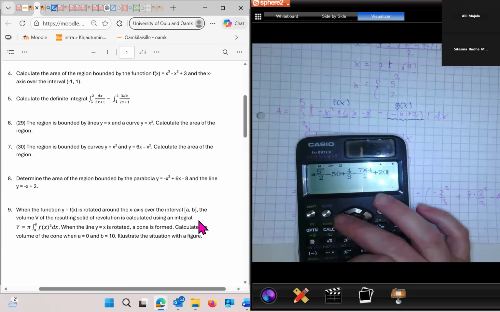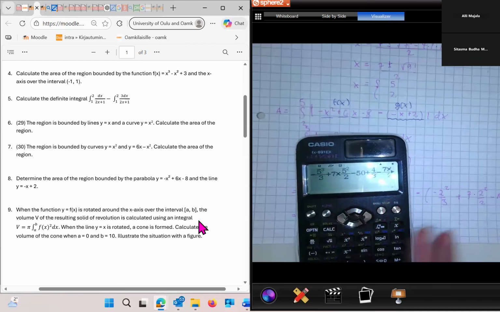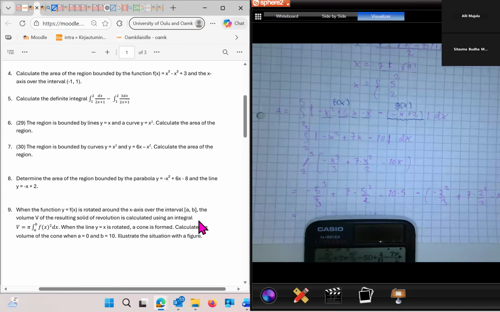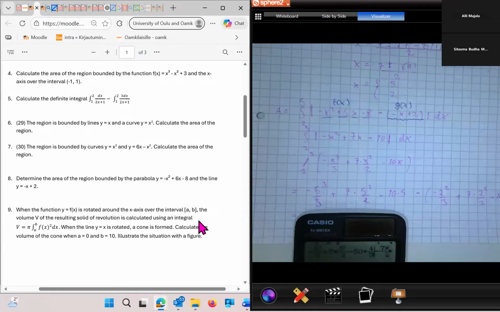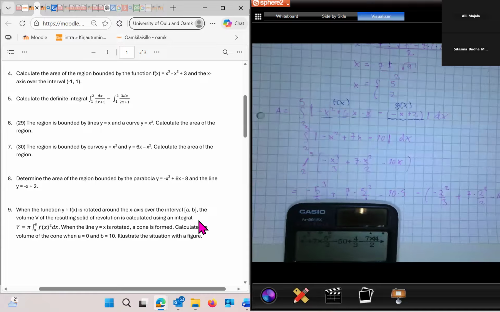Do you like calculating something like this? No, because it's really easy to get some kind of problems. Or 11 times.